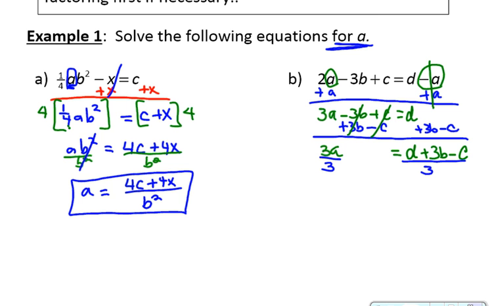And that's going to leave me with A is equal to D plus 3B minus C over 3.